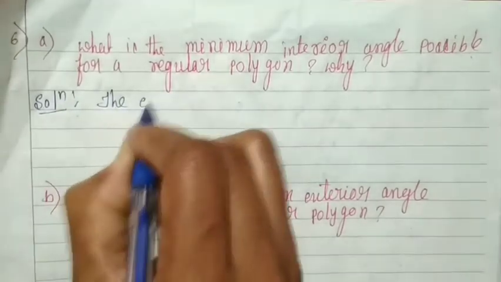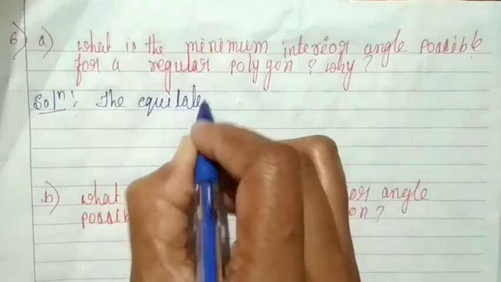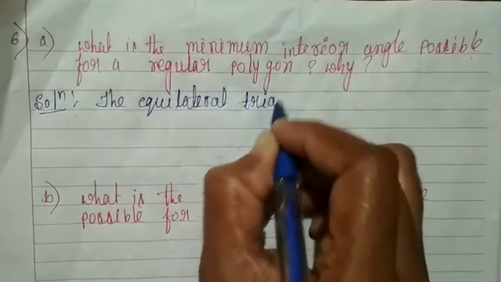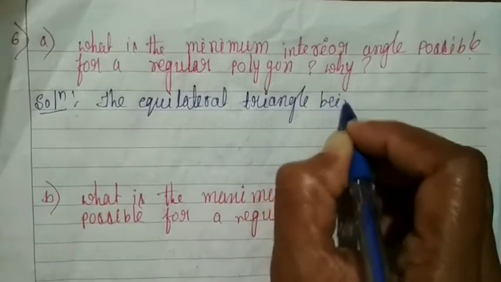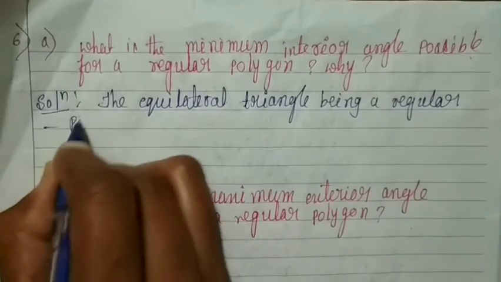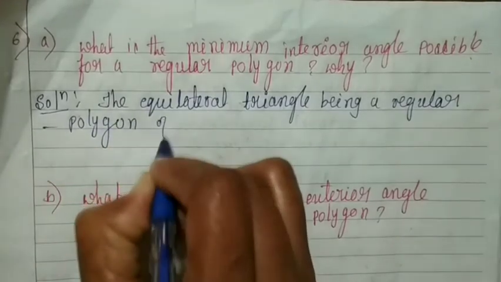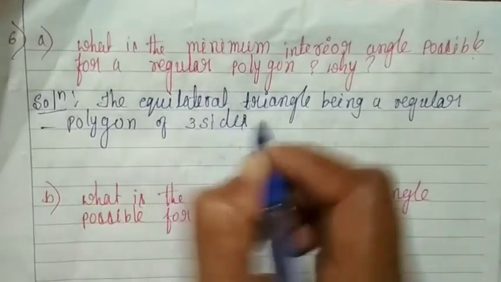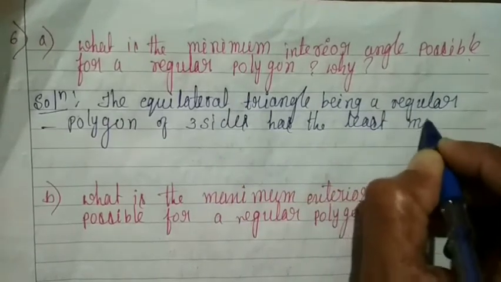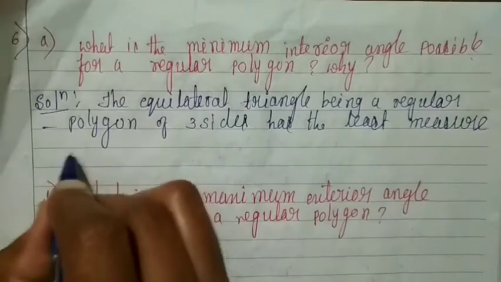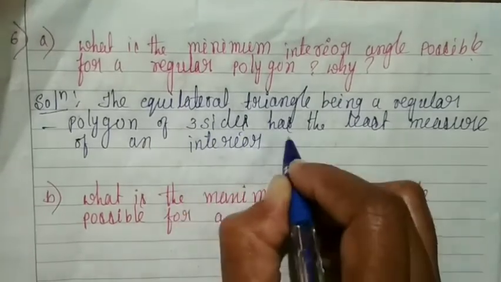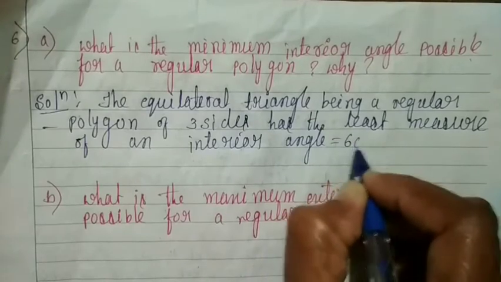The equilateral triangle being a regular polygon of three sides has the least measure of an interior angle, which is equal to 60 degree.